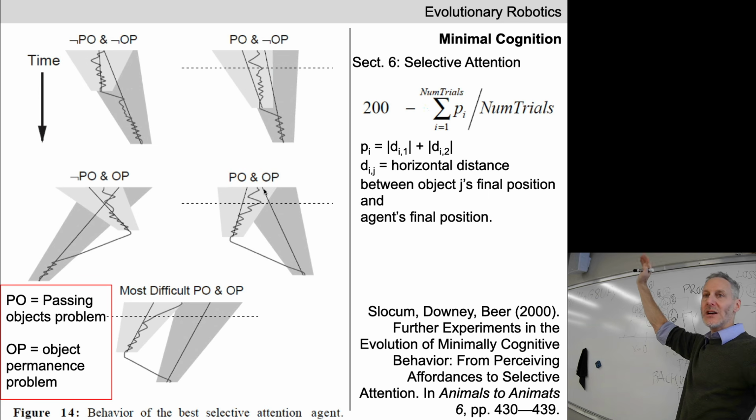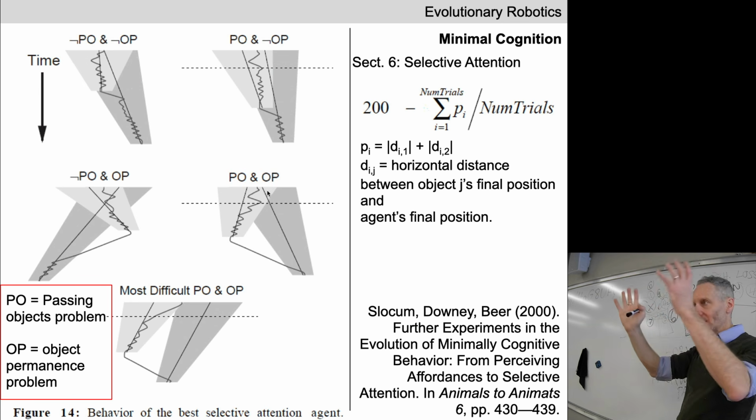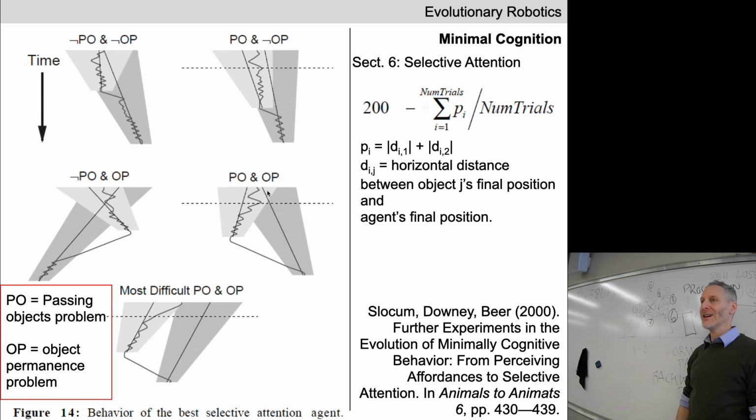And the agent cannot, by definition, keep both objects in sight at the same time during this time window. What does the agent do in this case?